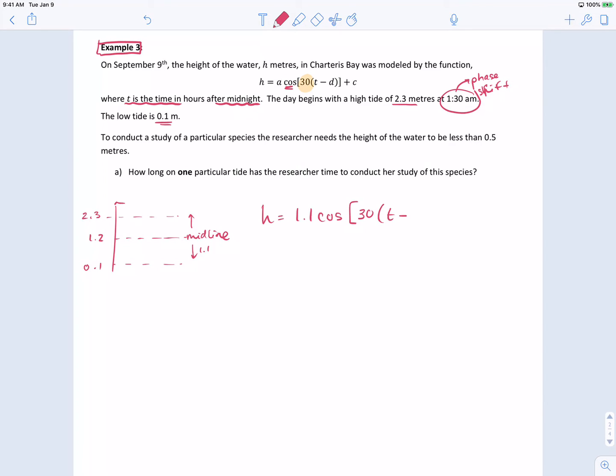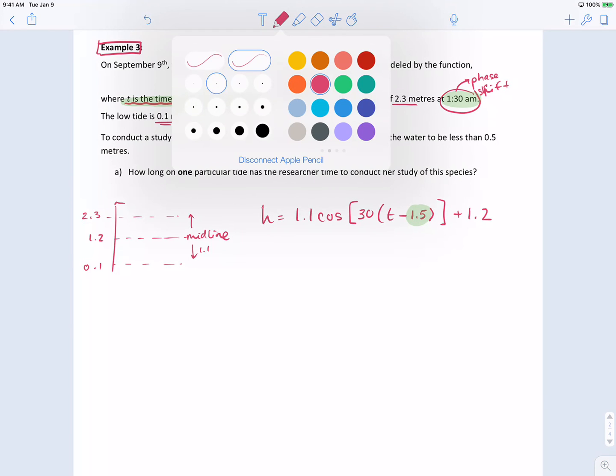I'm going to leave my phase shift here for a second, and we add our midline as 1.2 on the outside. Now, to get that phase shift, I'm going back to 1:30. Since it is hours after midnight, 1:30 in the morning is 1.5 hours after midnight. So that's where that info is coming from. Hours after midnight, 1.5 here.